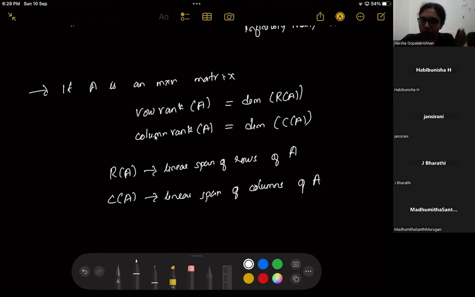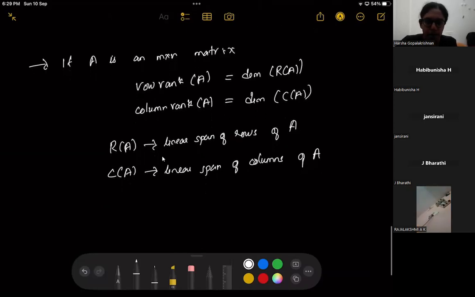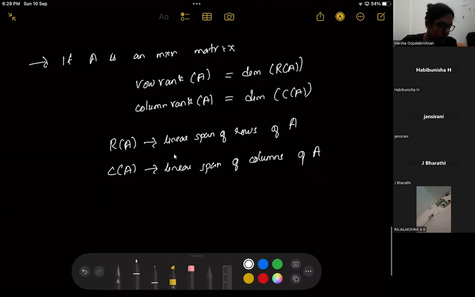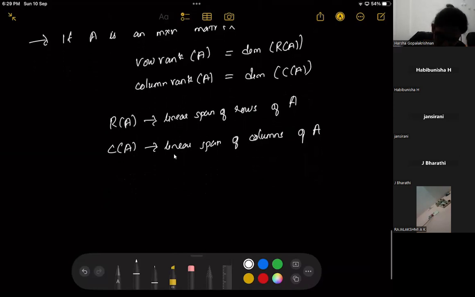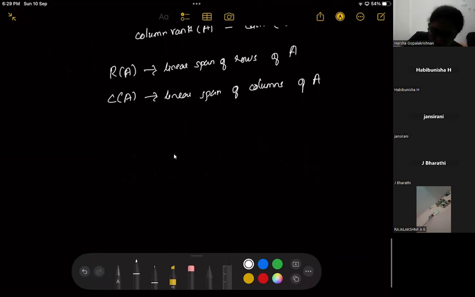In the same way, we will take all the linear combinations of columns and we will get a space C of A. And the dimension of that space is called the column rank of A. Okay, is that clear? And okay, now let's go through some results related to rank, row rank, column rank.